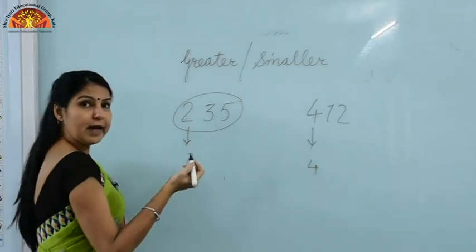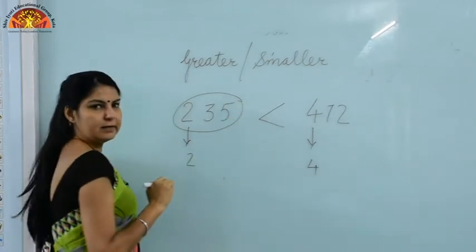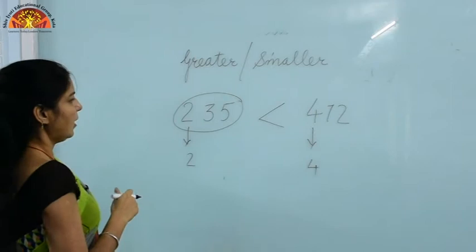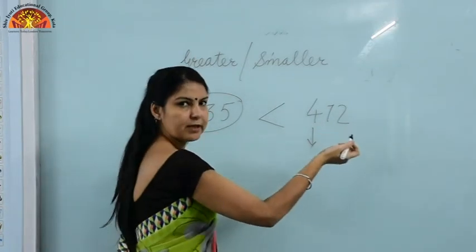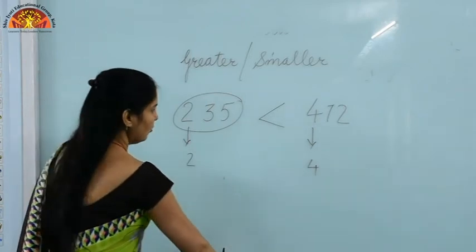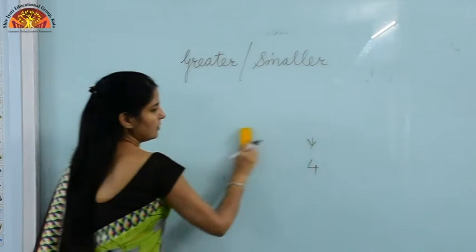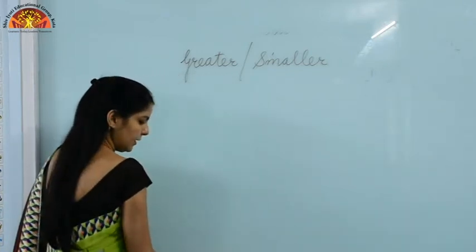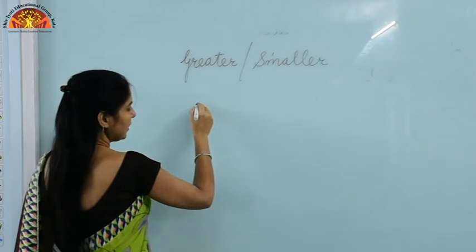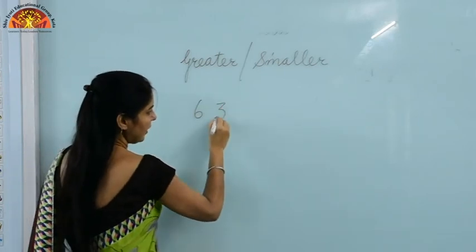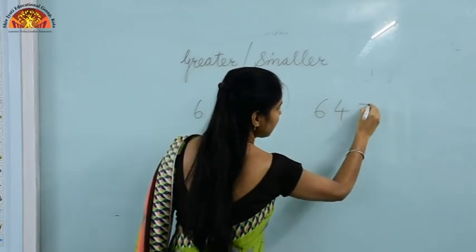Now, what is the sign of this? This is the sign of lesser than or smaller than. How will we read it? 235 is lesser than 472. Now, if the digits at the hundreds place in both numbers are the same, then what will we do? Suppose I am taking the numbers 635 and 647.